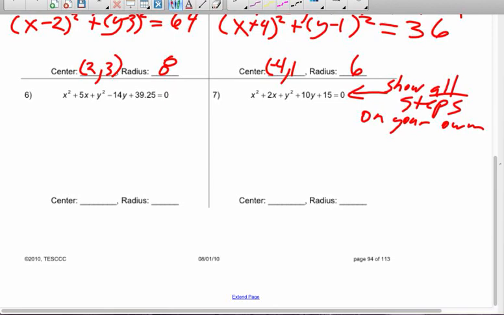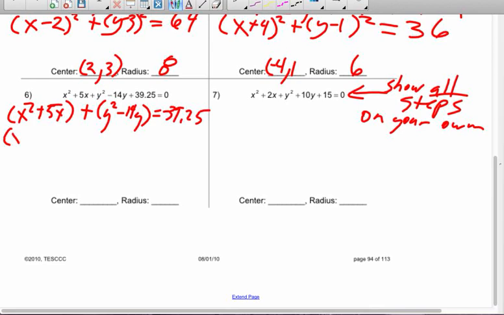Let's take a look at this one. So I'm going to group my x squared plus 5x term plus my y squared minus 14y equal to negative 39.25. I'll move that over. All right, so now I'm ready to complete my squares. So that's going to give me x squared plus 5x. And half of 5x is 5 halves.